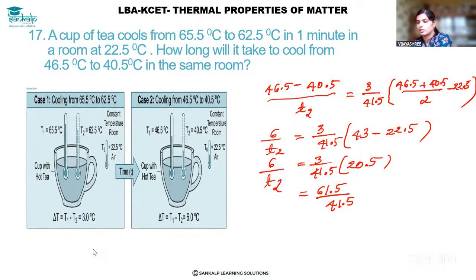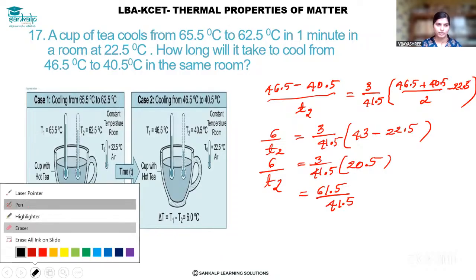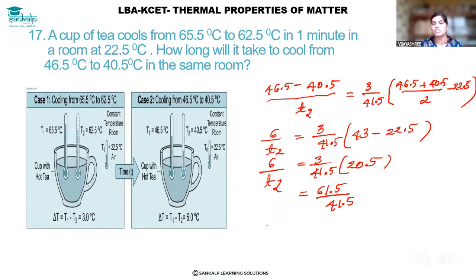Just a minute. Okay. So now we rearrange this equation for t2. t2 equals 6 into 41.5 divided by 61.5.